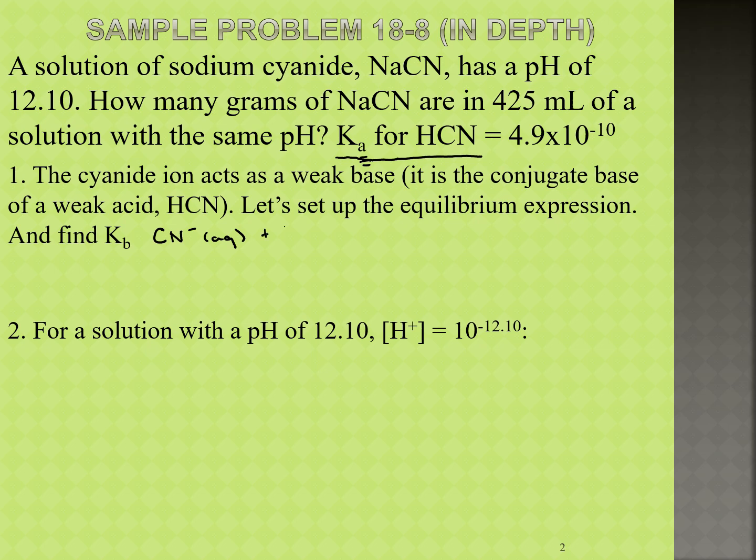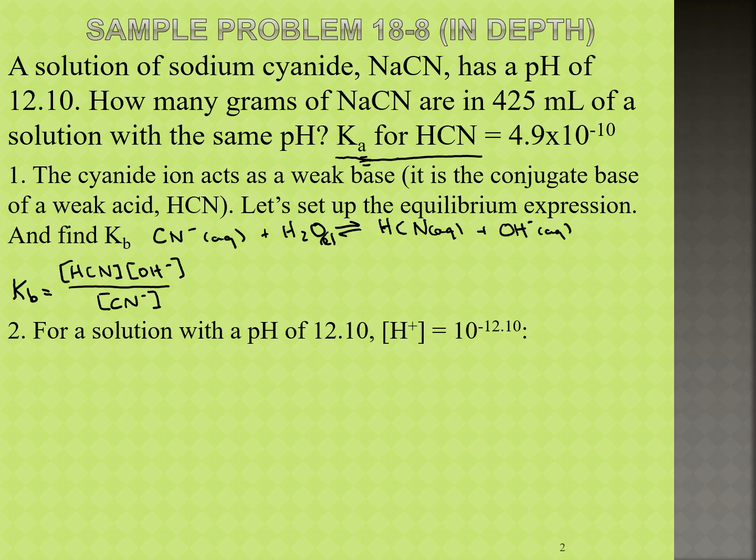The cyanide is going to react with water and come to equilibrium with some HCN, the conjugate acid of the cyanide anion base, plus some hydroxide. So we're starting with a base, so we would have a Kb for this, which would be HCN times OH divided by our cyanide anion.